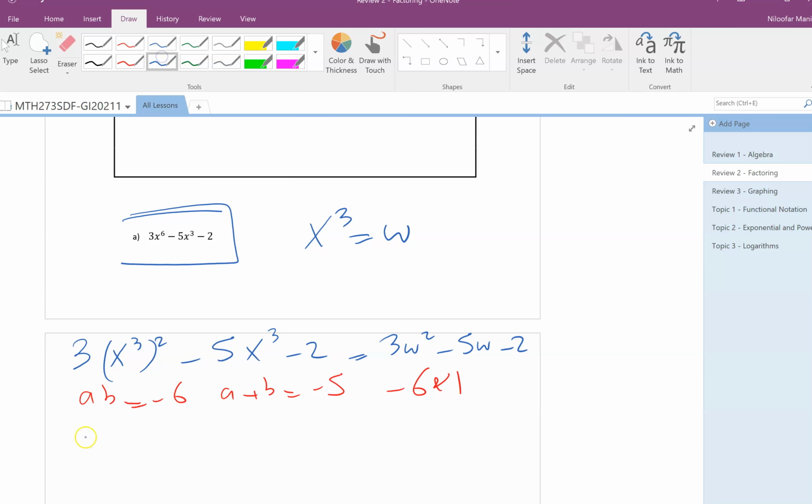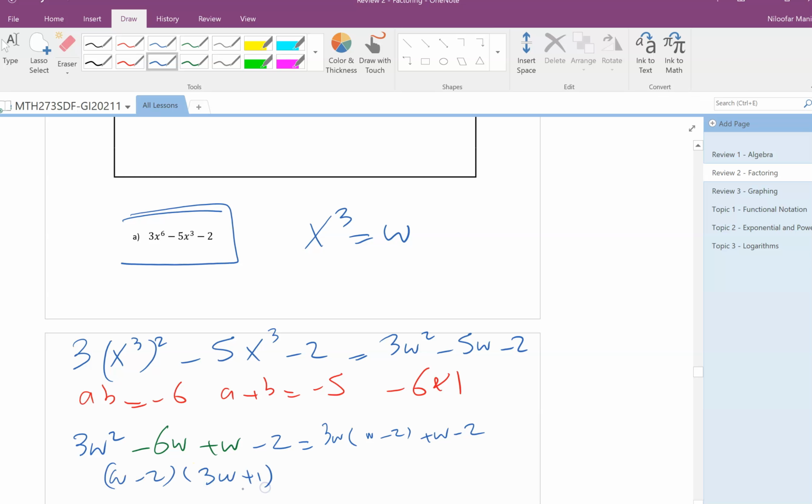I do not touch the first. Instead of minus 5w, I do minus 6w plus w. Now I factor 3w times w minus 2 plus w minus 2. And w minus 2 I factor, which is 3w plus 1.